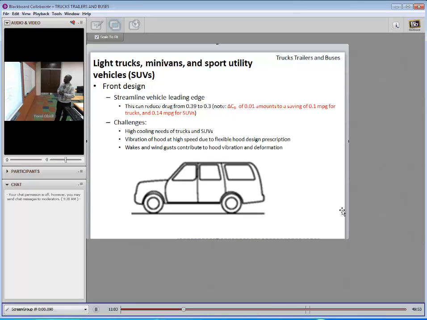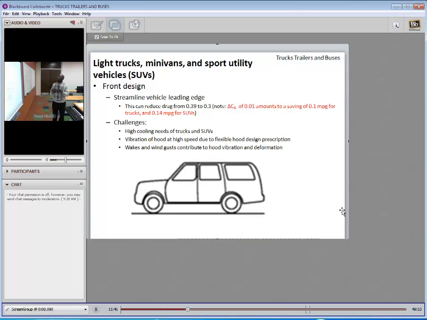a drag reduction of 0.01 amounts to a saving of 0.1 miles per gallon. So if the vehicle takes about 20 gallons, which is reasonable for SUVs and trucks, then you have a saving of about 2 miles.